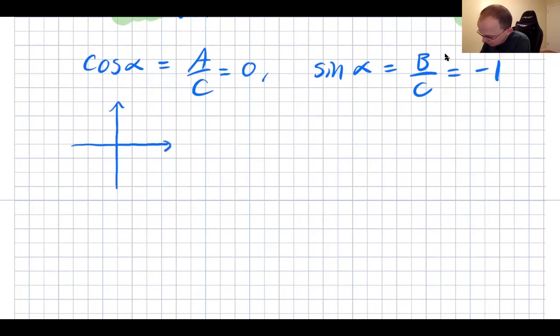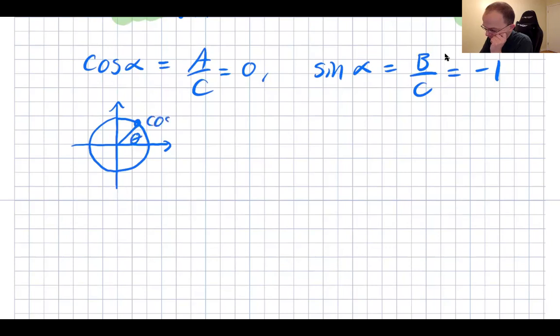So here's our unit circle. And I guess we talked about this last time. The points on this unit circle are given by cosine, well, maybe I'll use a different angle here, theta.